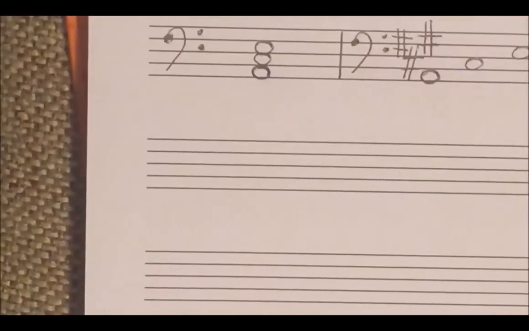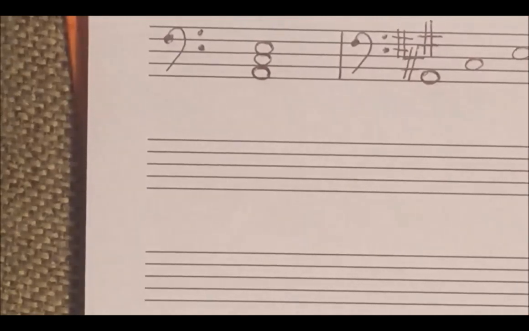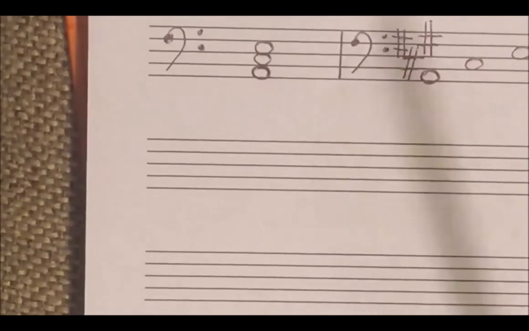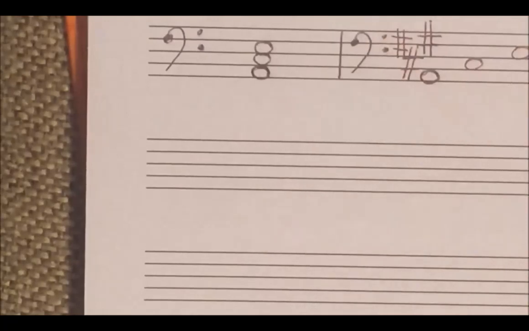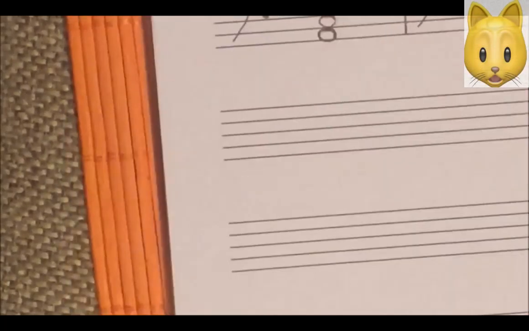And finally, next page, it says to write an arpeggio going down, then up. This can be tricky. And this is why we need our pencils. Because I have a cool way to do this, which may be a great help for you.